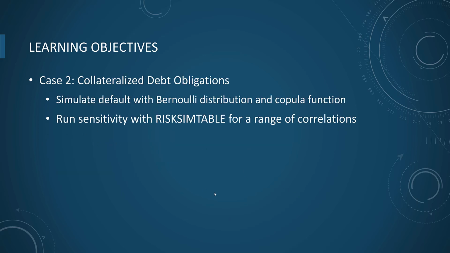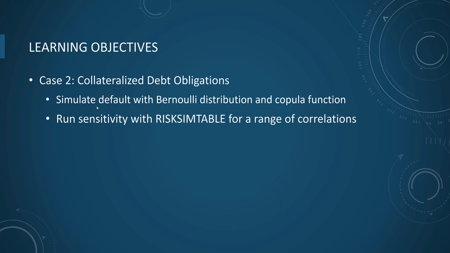Then the second case is collateralized debt obligations. Again, we talked about this in the early introductory videos, where we talked about correlation between different input variables, and if we don't consider the correlation, we'll end up with completely unreliable results.